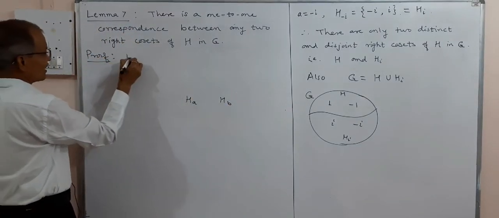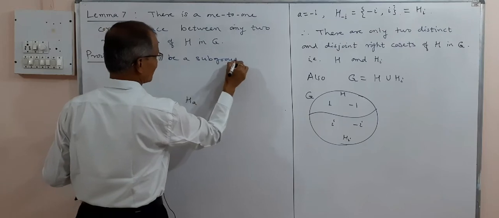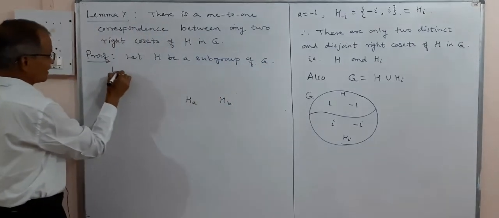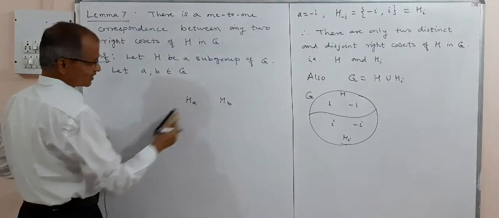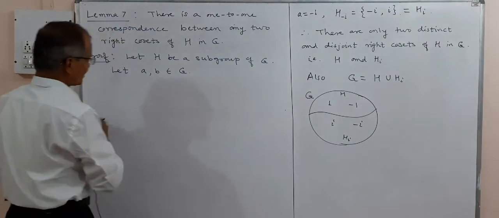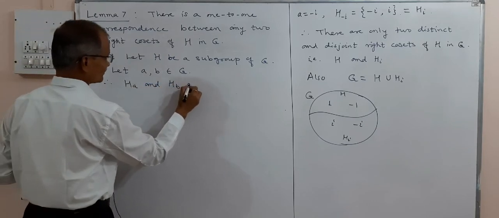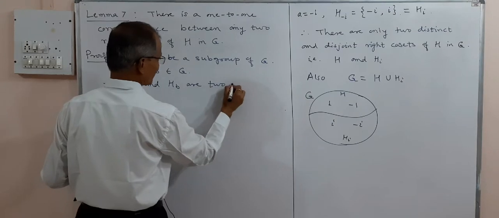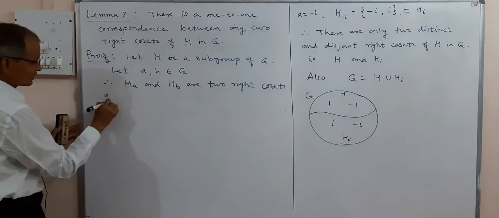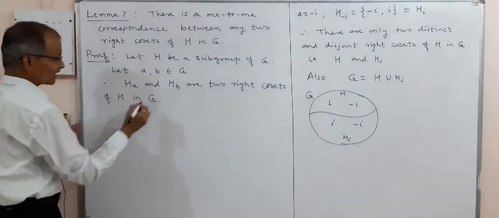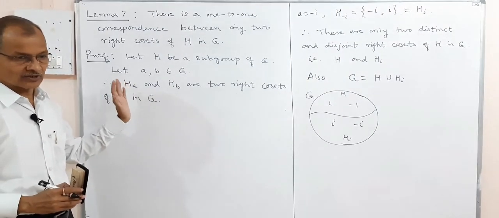Here let H be a subgroup of G and further let a, b belong to G. Then Ha and Hb will be two right cosets of H in G. Now we have to establish a one-to-one correspondence. One-to-one correspondence means a function which is 1-1 and onto.